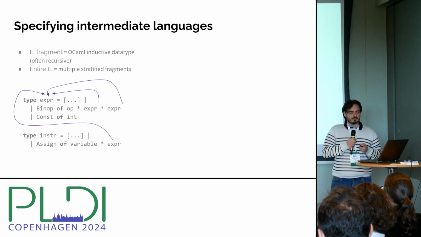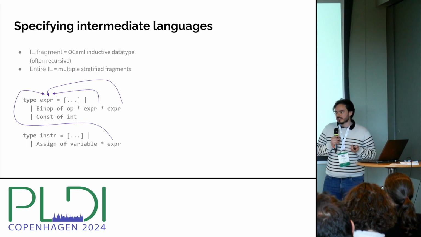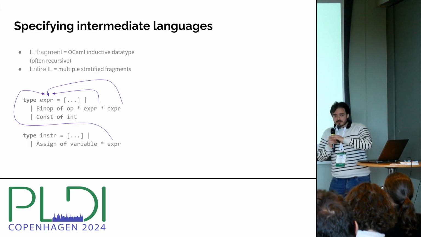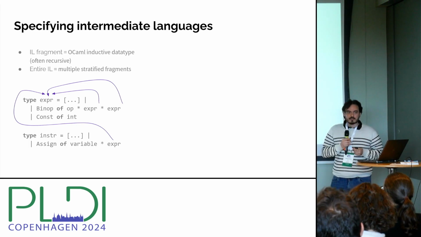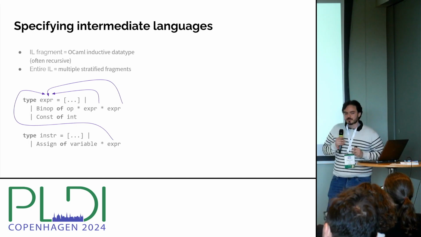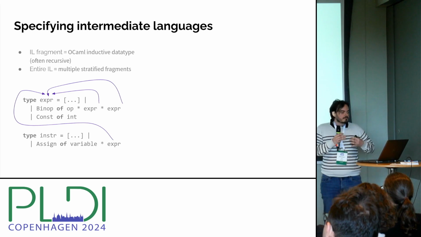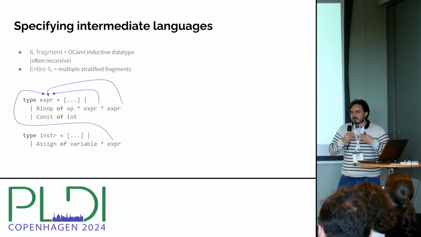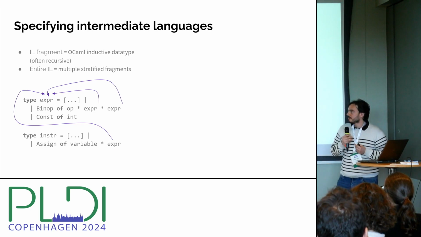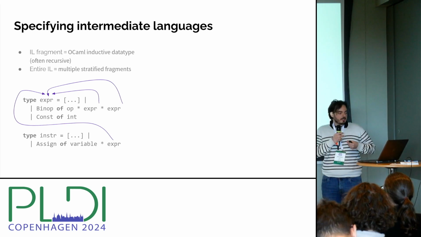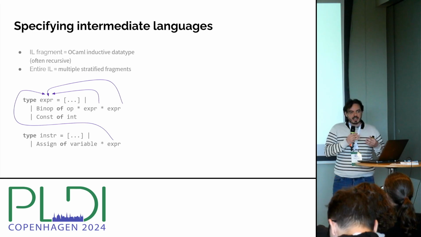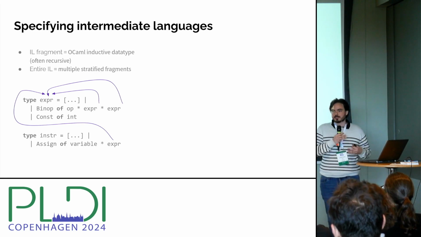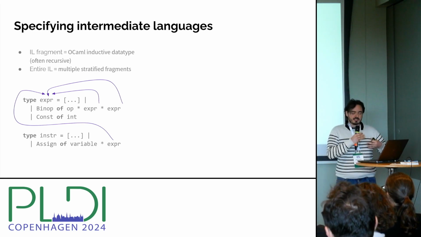So how are we going to specify all those intermediate languages? So first, how we would do that naively, let's say, because that's not what we did in the end, you will see. But naively, or often what we are going to do in OCaml, is use algebraic data types. Each IL fragment will simply be an inductive data type.